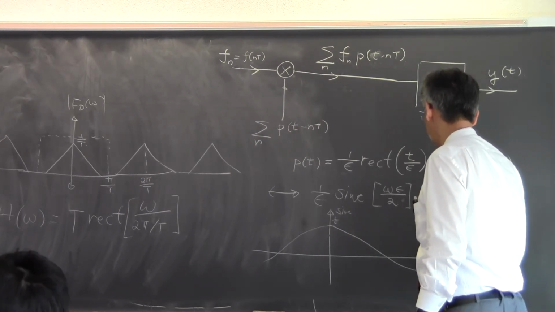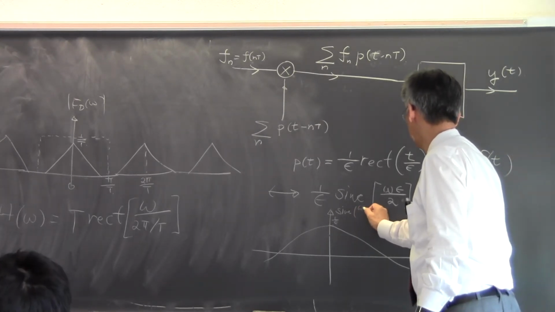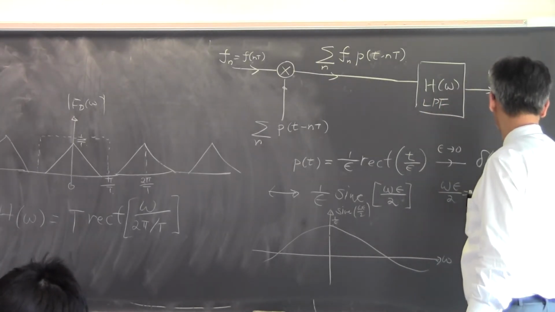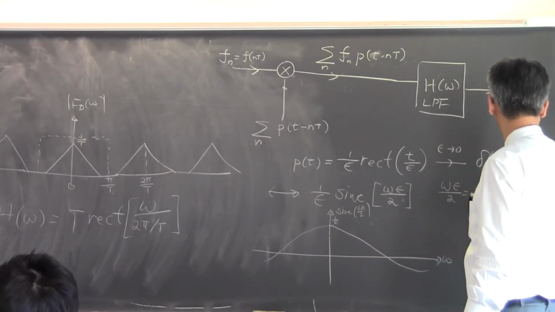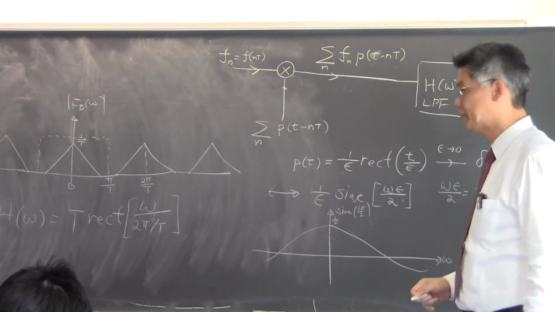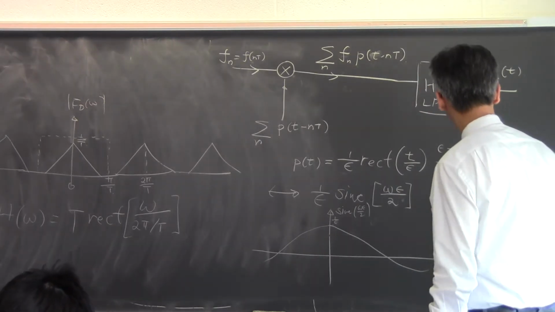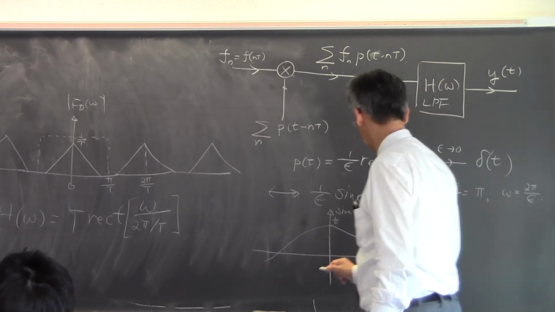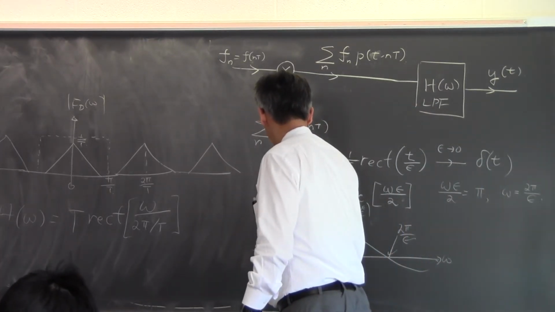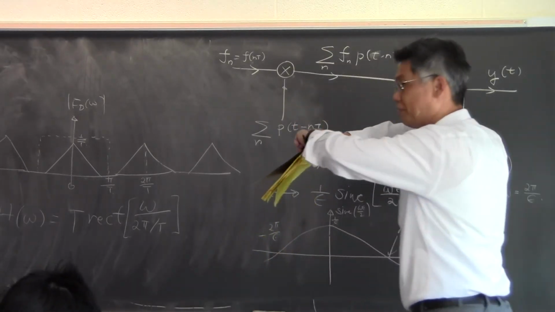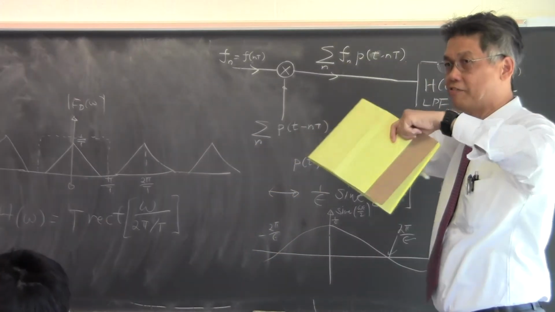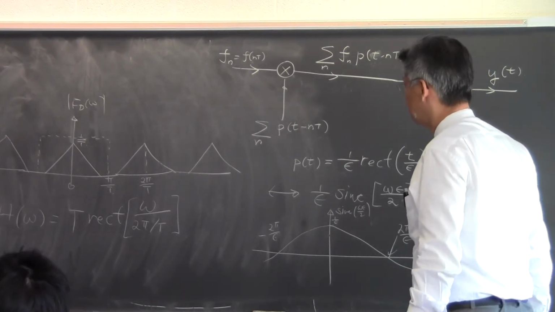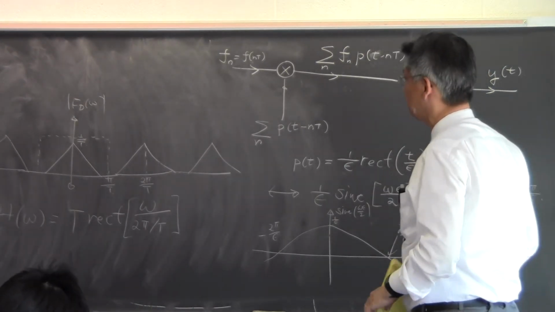So if I plot this as omega, its first zero crossing is omega equals 2 pi over epsilon. So if epsilon is very small, the first zero crossing is actually very far out. So this will look like a very, very flat function as epsilon goes to 0.